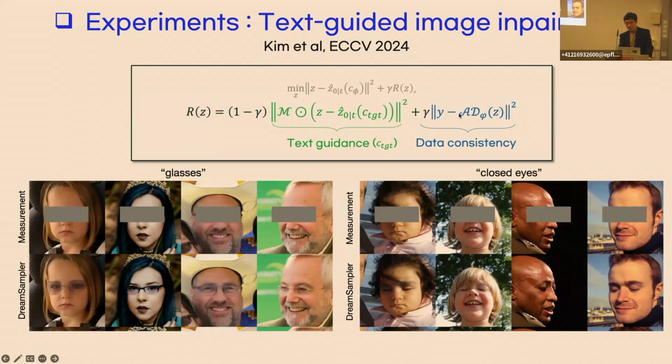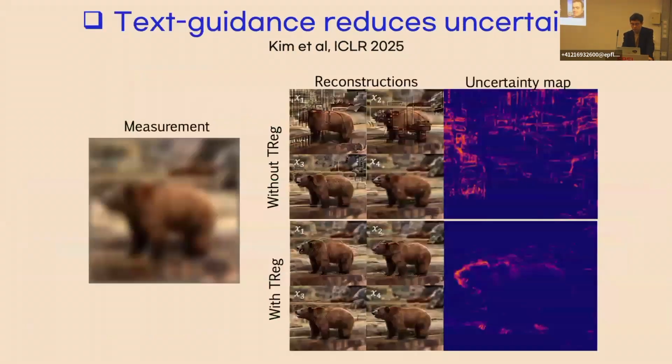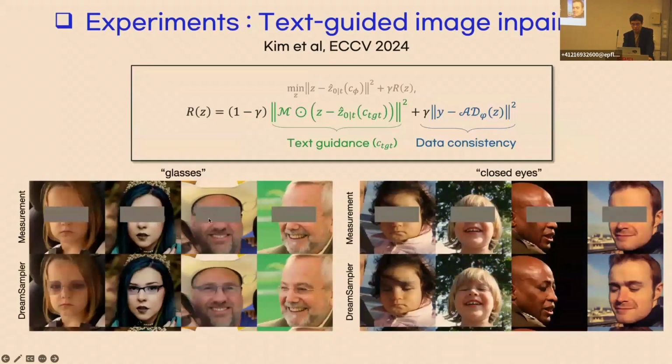You are now minimizing these functions together, solving this problem, and then plugging it in here and adding noises. And you are now iterating in this way. By doing that, you can actually do nice reconstruction here. For example, this is the inpainting problem. There is a lot of ambiguity. It can be a person with glasses or without glasses, right?